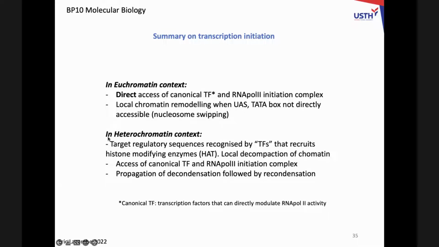In the heterochromatic context, which is exactly what I just explained, the target regulatory sequences are recognized by transcription factors that do not activate Pol2. They recruit histone modifying enzymes like HAT or methyltransferase, and then you start again with the classical concept. So this is a summary of all the discussion.